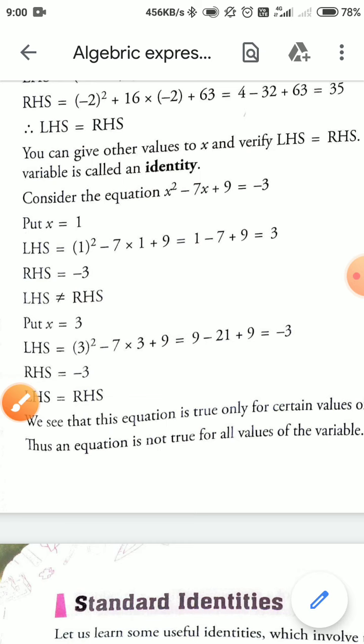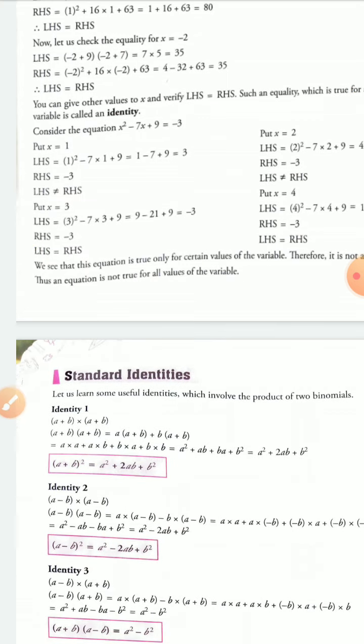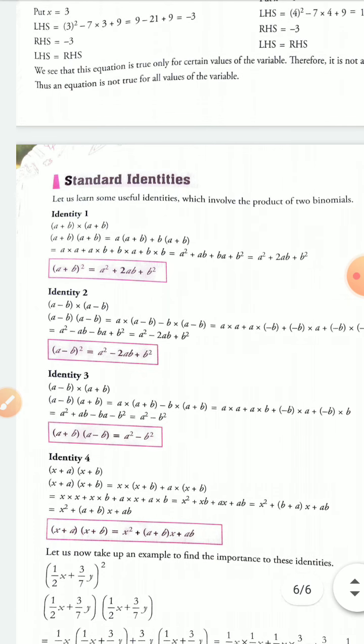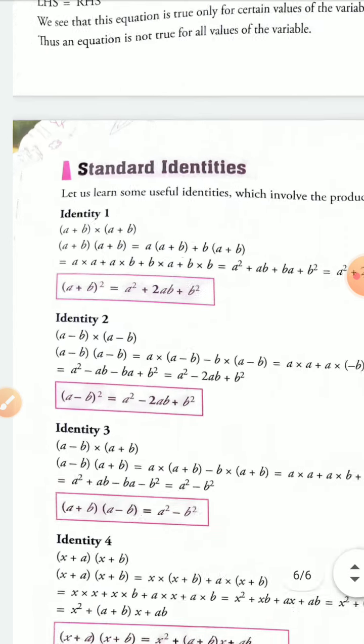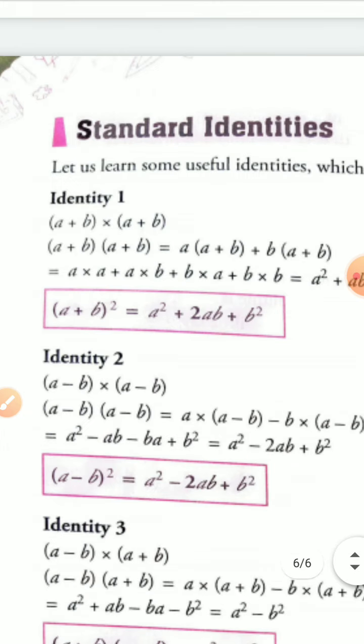So let us discuss some standard identities which you will be using in your lifetime, right? These are the most important identities. As you have learned how to multiply a given binomial with a binomial, let us just take one binomial and multiply that binomial with itself.